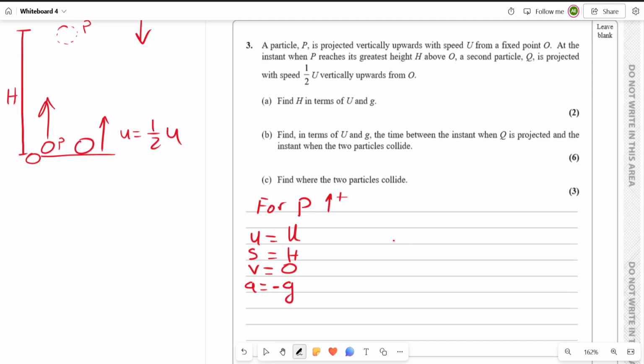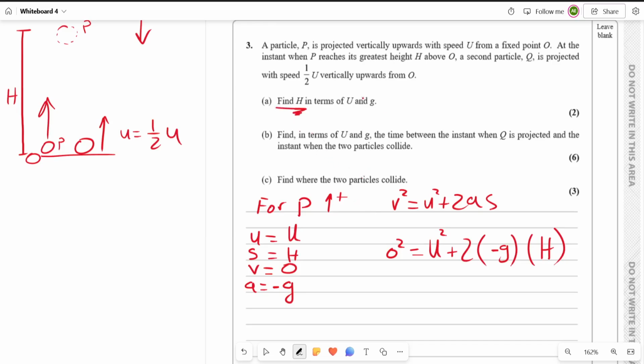In the SUVAT equations, the equation that doesn't include time is v squared equals u squared plus 2as. So v squared is 0 squared, equaling capital U squared plus 2 times a, which is negative g, times s, which is h. Now I have an equation where I can make h the subject, and it's going to be in terms of u and g.